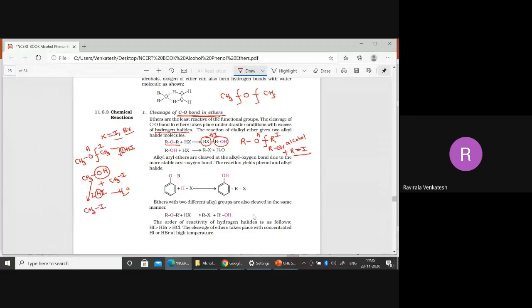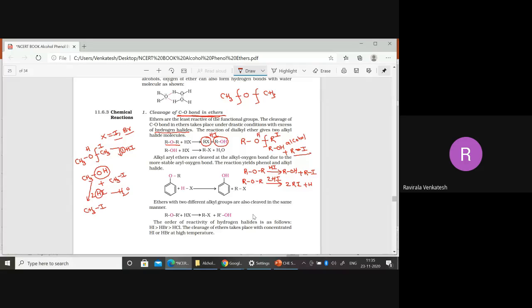So what I mean is that when ether ROR reacts with only 1 mole of HI, we get alcohol and alkyl halide, right? But if the ether reacts with 2 moles of HI, in excess, we get 2 moles of RI plus water.